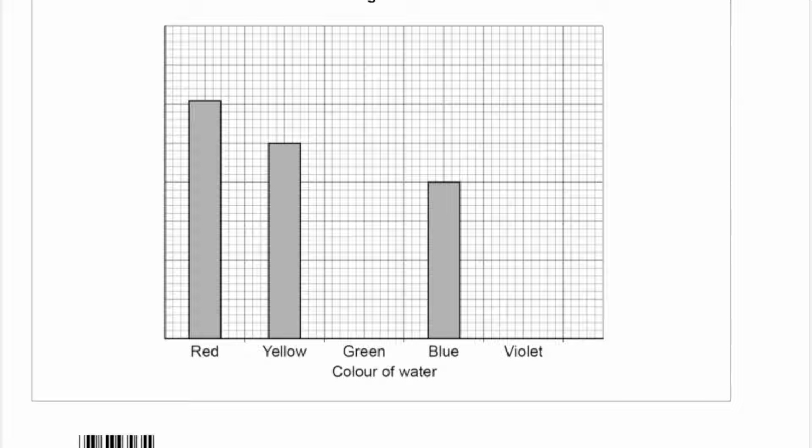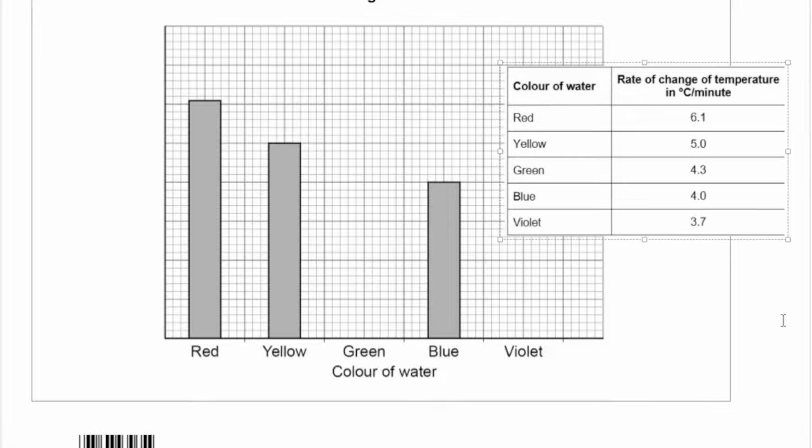y-axis. Now, if you look at the table, it actually gives you what you should label that as. Here you can see color of water at the bottom. That is the first column. The second column is the y-axis.